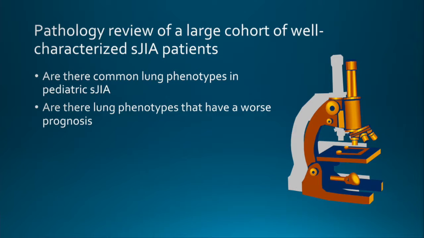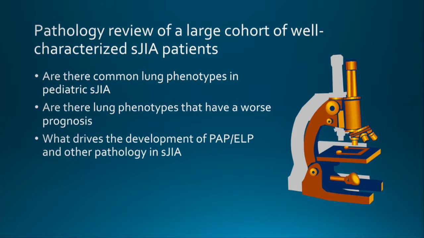Next slide. Are there lung phenotypes that have a worse prognosis? And again, we're talking more about pulmonary hypertension, though as Vivian inferred, alveolar proteinosis also seems to have a poor prognosis. Next slide. What drives the development of PAP and endogenous lipoid pneumonia and other pathology? And of course, that's the critical question we're all trying to get at. And next slide.